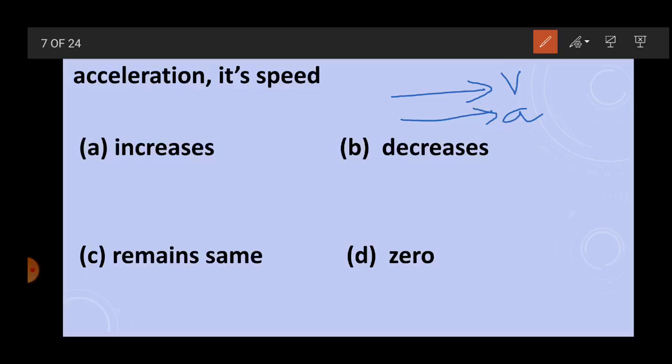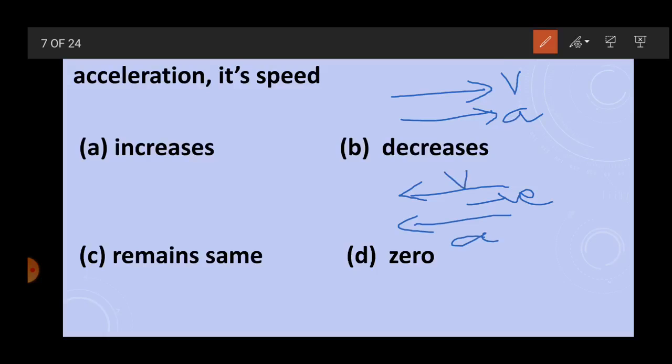Suppose the particle moves along negative x direction, and acceleration is also in negative direction. This is negative velocity and negative acceleration of the particle.